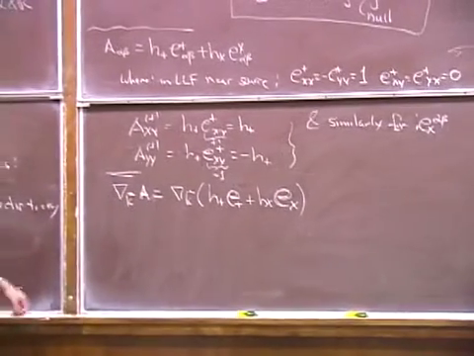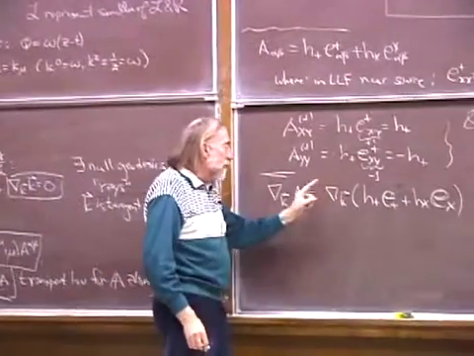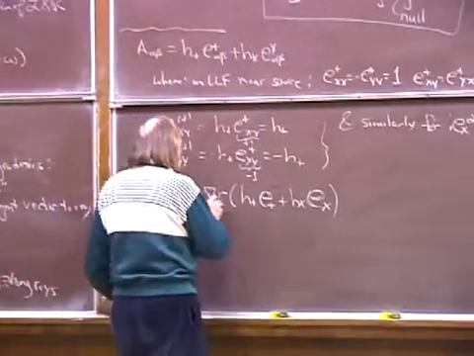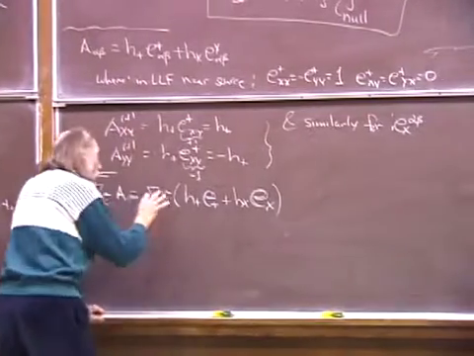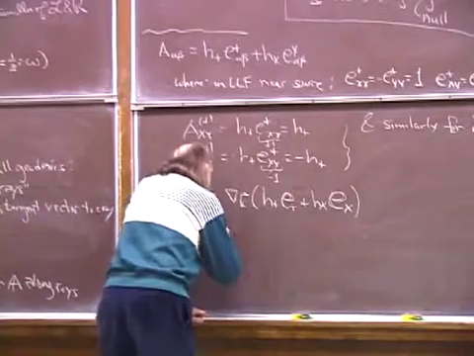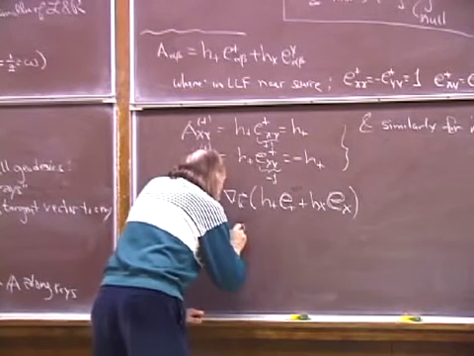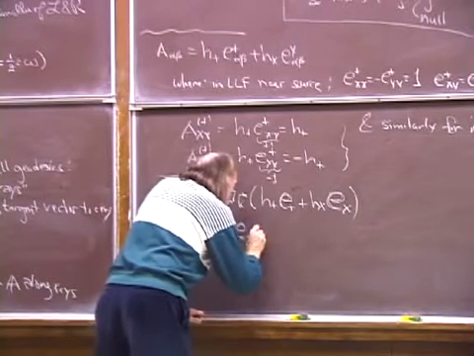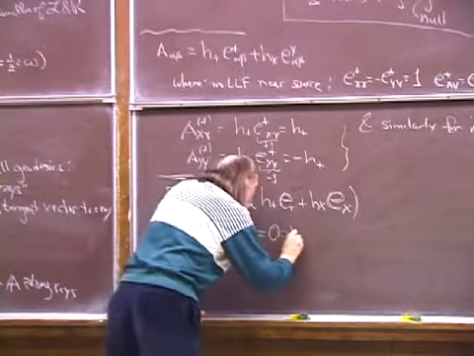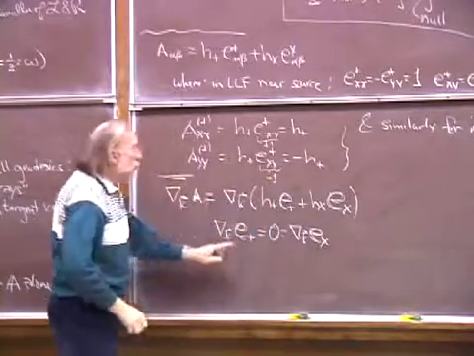Well, it's straightforward to do just a little bit of the mathematics and see that the consequence of this is that one way to satisfy this, the natural way to satisfy this, is to take the derivative along K of E plus vanishes, as does the derivative along K of E cross. So that's a transport law.